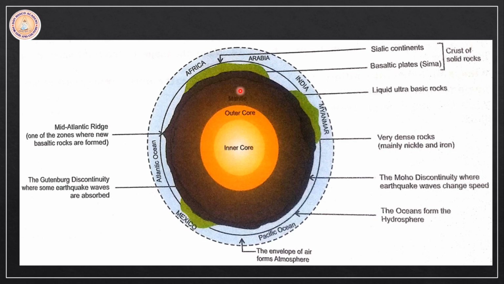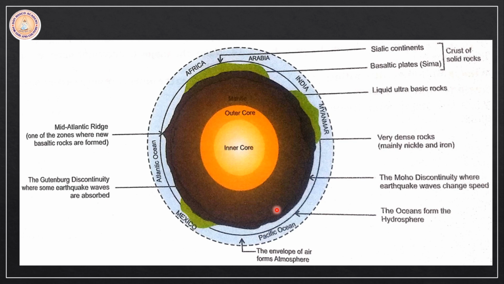Mantle is also subdivided into two distinct layers, that is the upper mantle and the lower mantle. The upper mantle is known as the asthenosphere, while the lower mantle is known as the mesosphere.